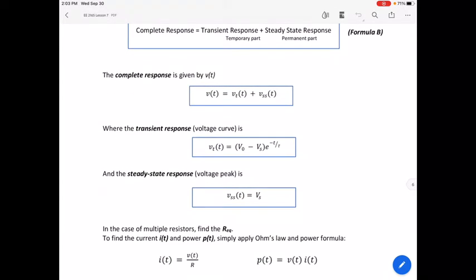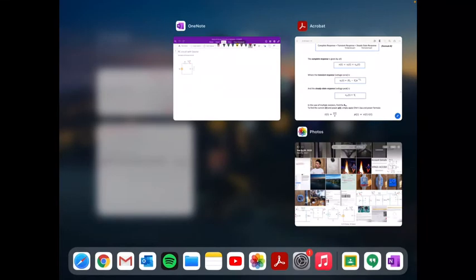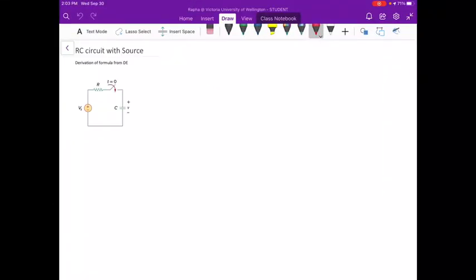At this juncture perhaps we can derive the formula for our RC circuit with a source.